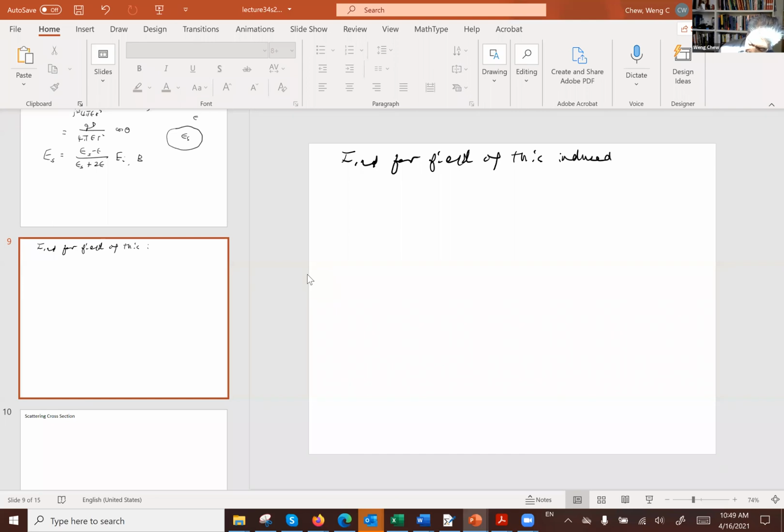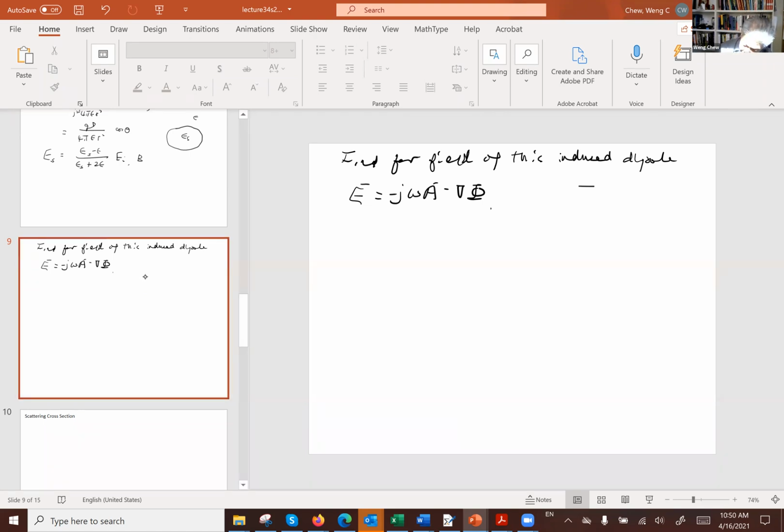So the incident field induced a dipole. The dipole would radiate, and I will have to find the far field of this dipole. The first thing I can do is to use this equation that the electric field is always given by minus j omega A minus gradient of phi, and I can also use the fact that phi and A are related by the Lorentz gauge.